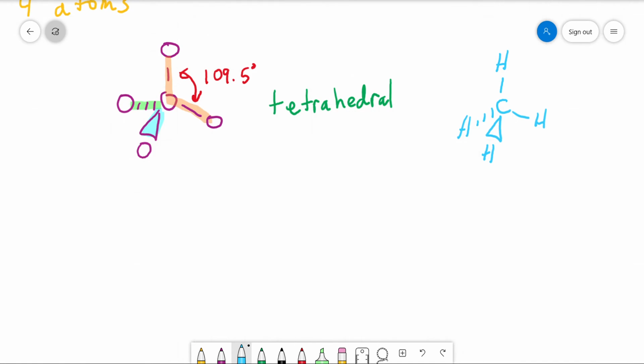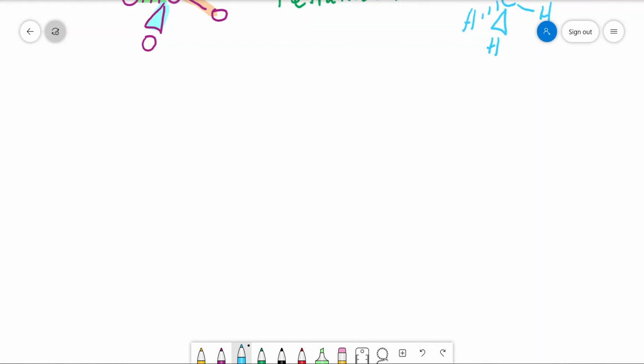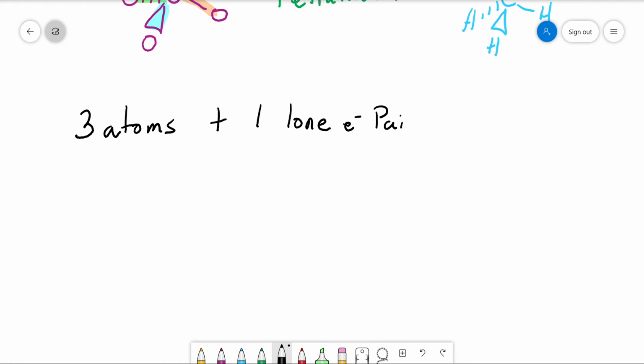Okay, now let's see what happens when we take that basic tetrahedral shape and we add a lone pair. And after this video, I'm going to go through on the modeling program and show you all of this. All right, so now we're going to have 3 atoms and 1 lone pair. And I'm going to start abbreviating lone pair as LP. Okay. And that's still 4 things, remember?